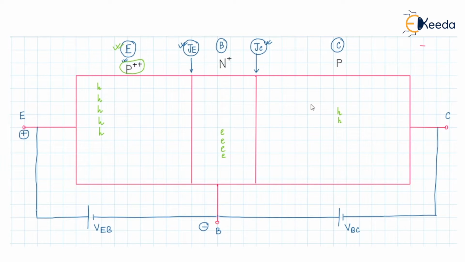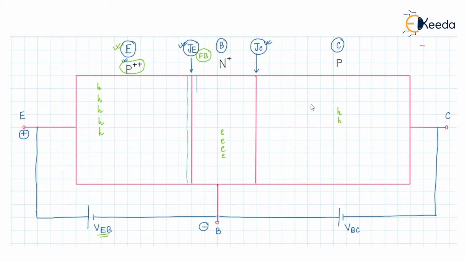Now we have forward biased the JE junction by the VEB voltage. Since the JE junction is forward biased, the depletion layer at the JE junction will be very thin.